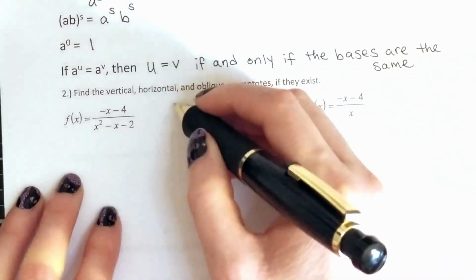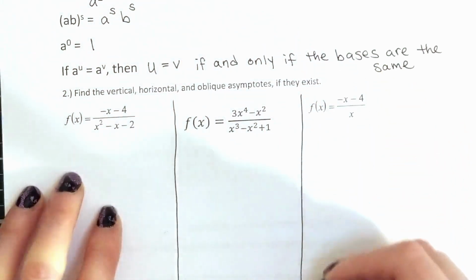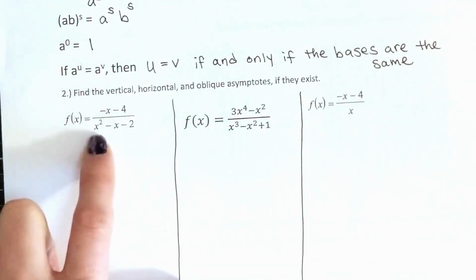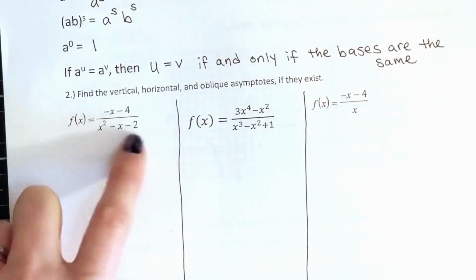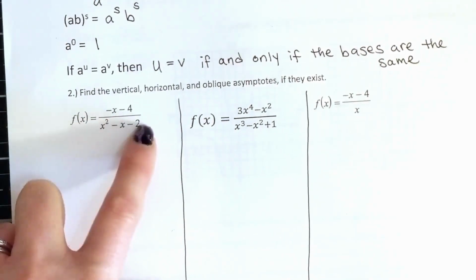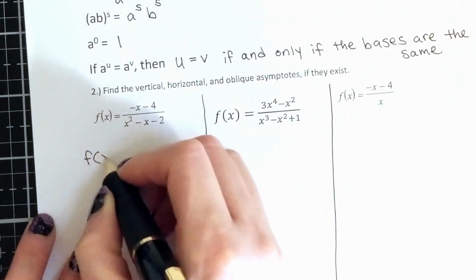Okay, so we're going to separate this into 3 separate problems. So case number 1, the first thing you want to do is factor the denominator right here. So if I would factor the denominator, the top is going to stay the same for now.